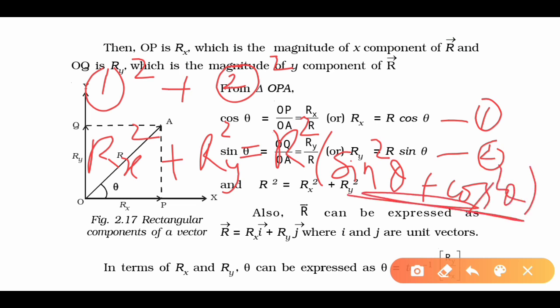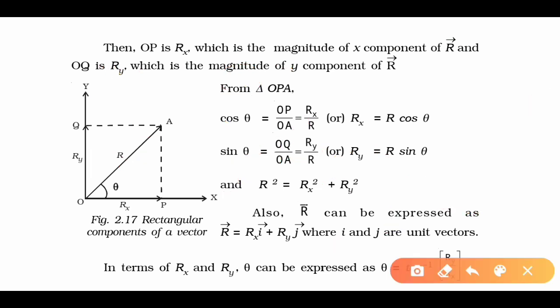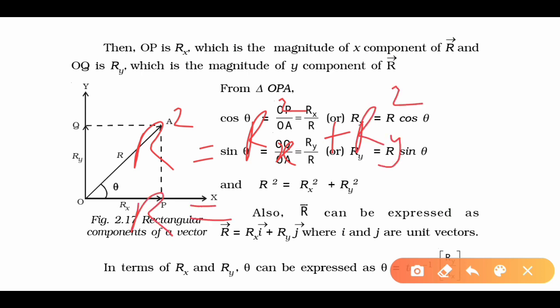Sin square theta plus cos square theta equals 1. So our equation will be R square equals Rx square plus Ry square. Again, the value of R will be equal to under root of Rx square plus Ry square.